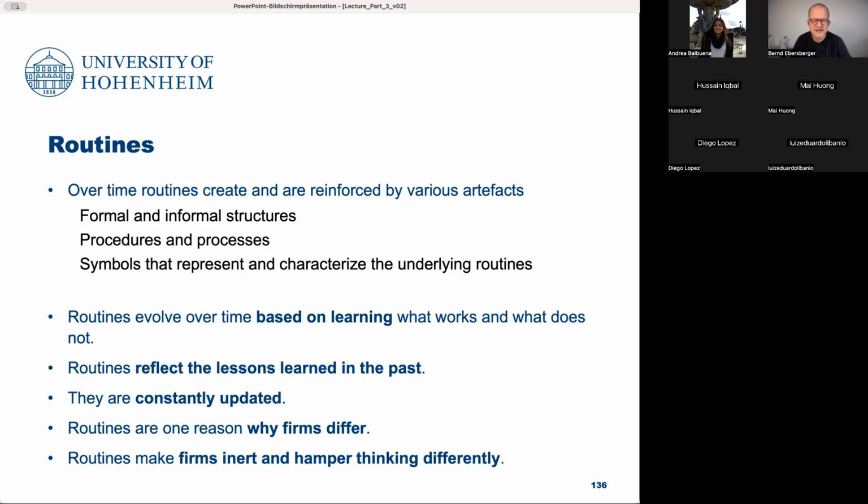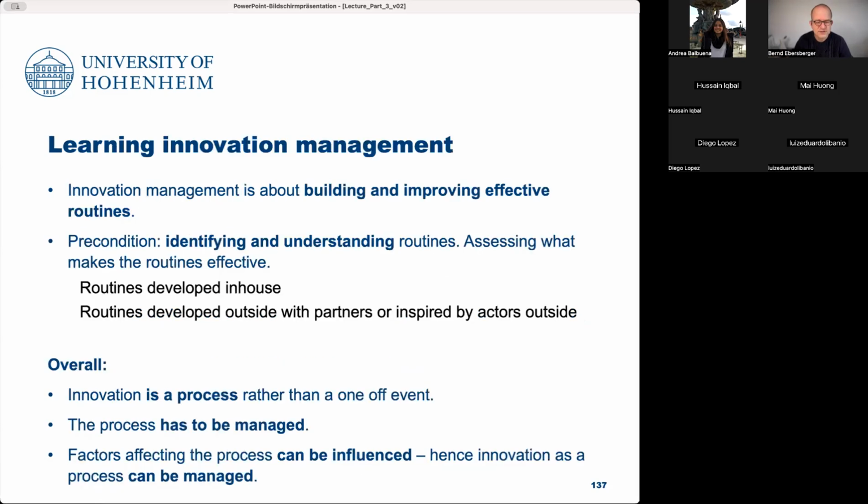But typically we say routines are something how innovation activities are baked into an organization. So what we should look at is innovation management as a process or as a management of routines, of processes, etc. And these routines can be influenced, and the process can hence be managed.